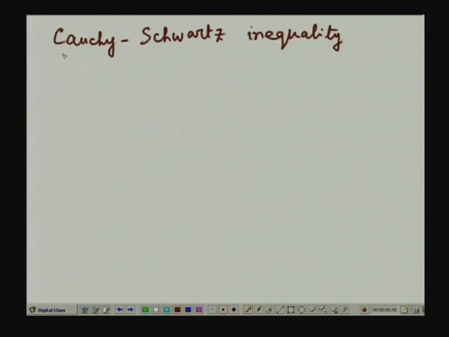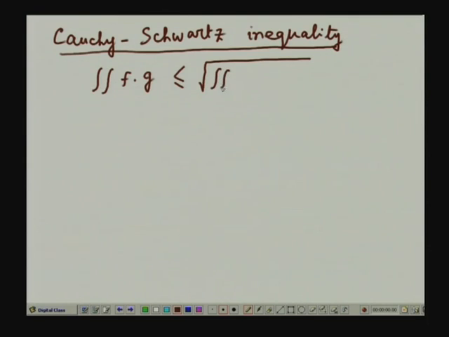Cauchy-Schwarz inequality. So, this Cauchy-Schwarz inequality says that double integration of f into G is less than or equal to square root of double integration of f square into double integration of G square.